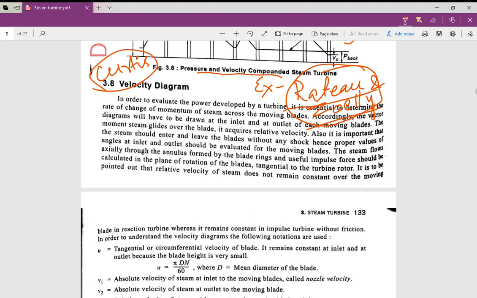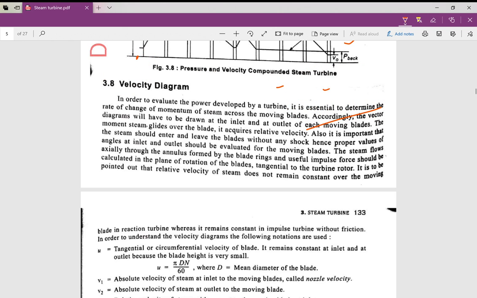So students, again I remind you, this concept should be known to you for the velocity diagram of a steam turbine. I will tell you a very simple method of how to draw the velocity diagram of a steam turbine so easily.